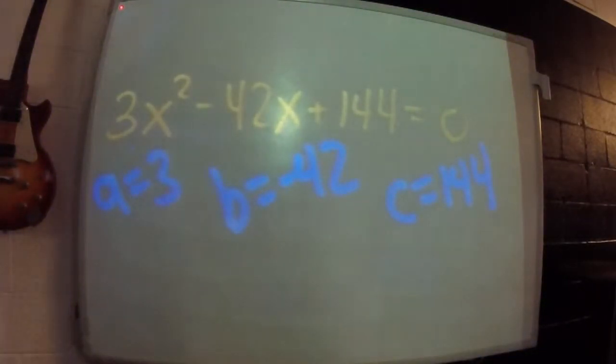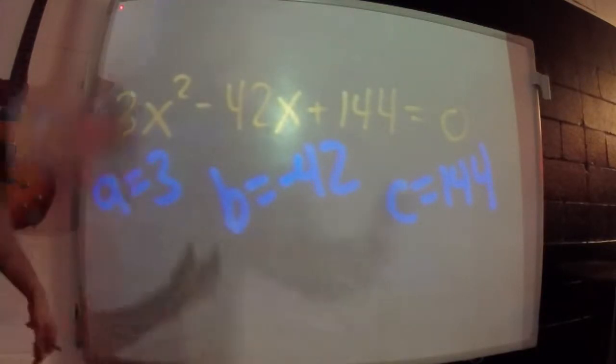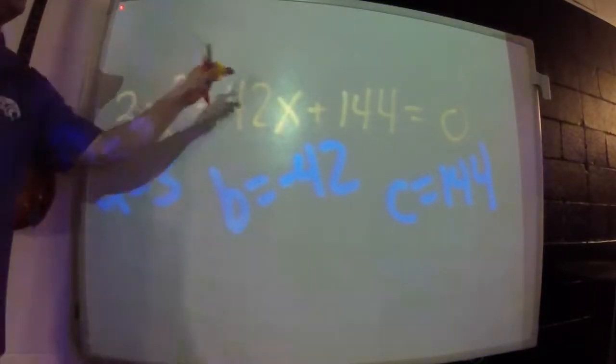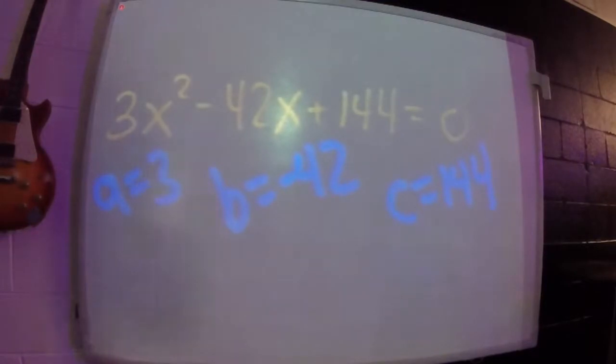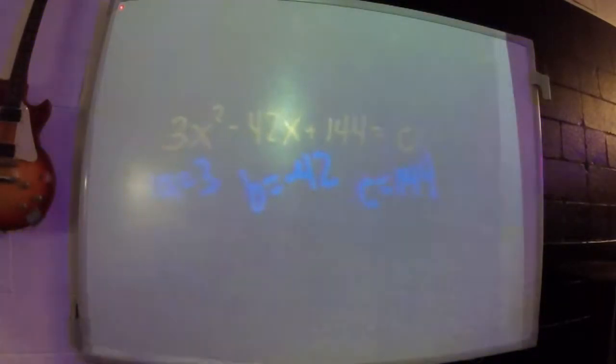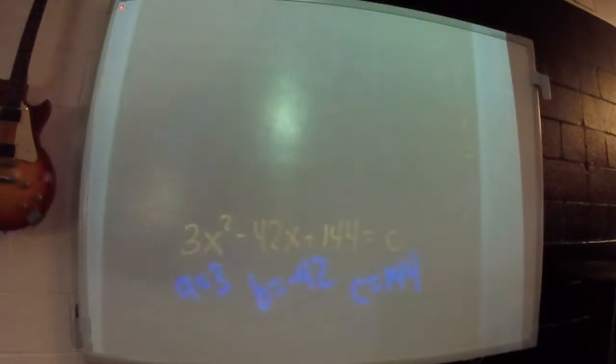So when you use the quadratic formula, instead of trying to factor or do anything, we're just going to call a, b, c: 3, -42, 144. And then there is this special formula called the quadratic formula, which we are all going to get memorized. And it goes like this.